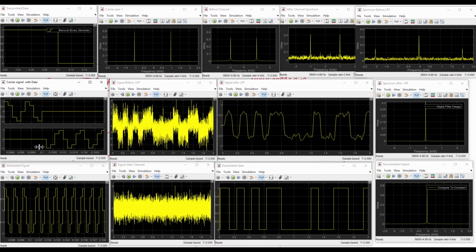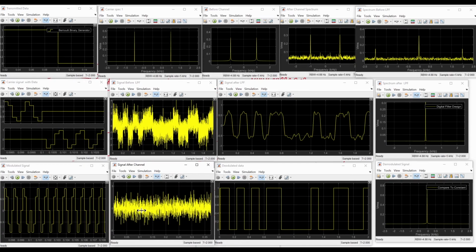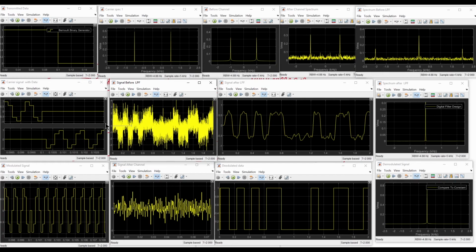After that, if we add the noise, you will get something like this, and this is very hard to read with the naked eye. That's why we need a modulator to modulate this data, and after multiplying the carrier wave again with this signal, we'll get something like this.